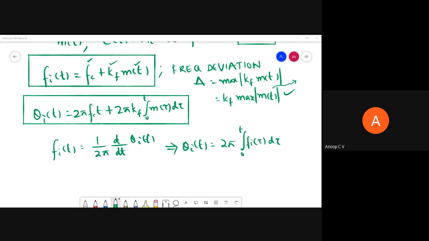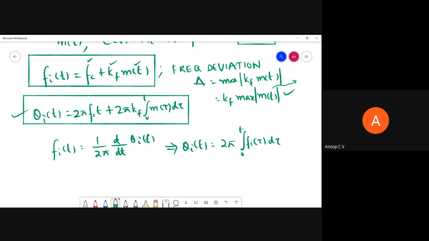Once again, if you have any doubt, please feel free to ask. Just type it in the chat window. There will be many inhibitions. So once again I'm telling, if you have any doubt, please feel free to ask. So I have to assume all are clear with this aspect.